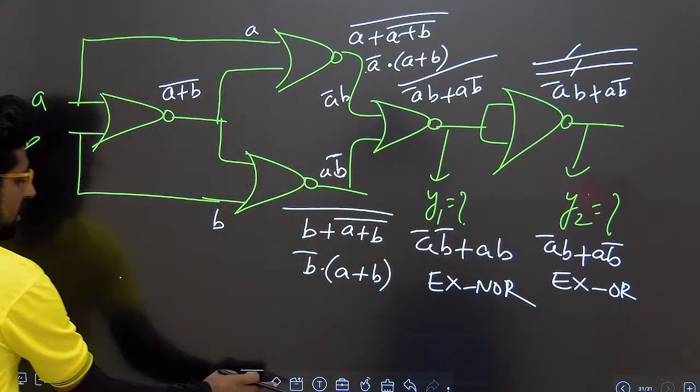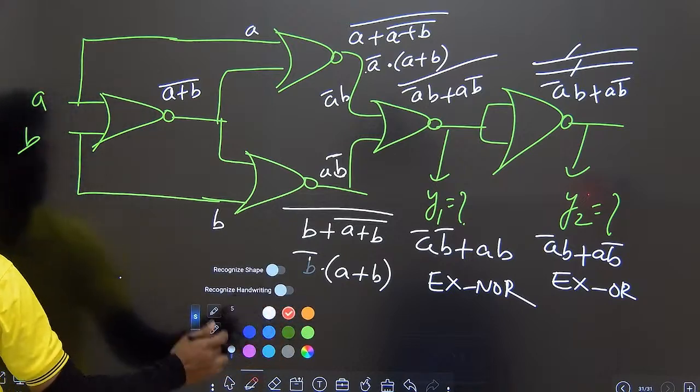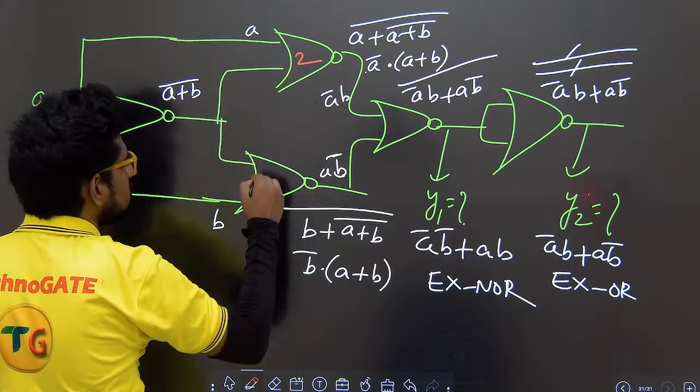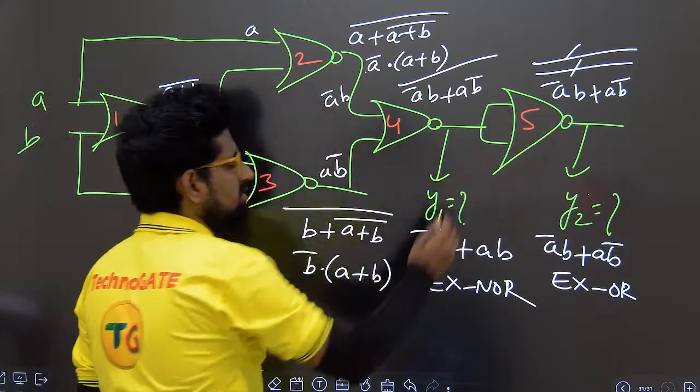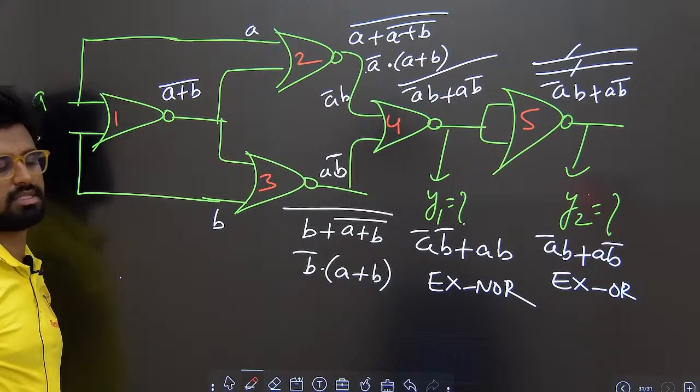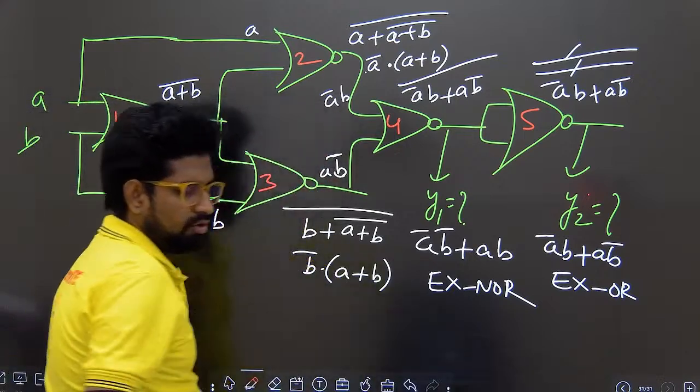Now tell me how many NOR gates are required to construct an XNOR gate? 4. XOR gate 5. Just quite the reverse of the previous. Okay, note down this.